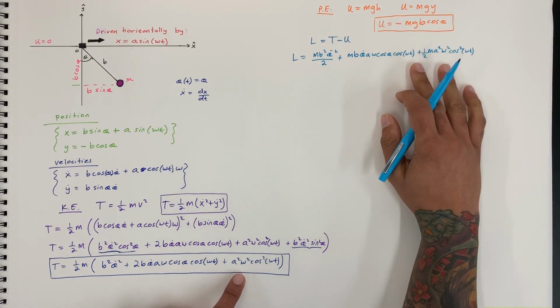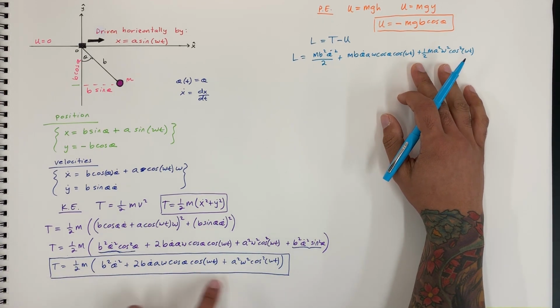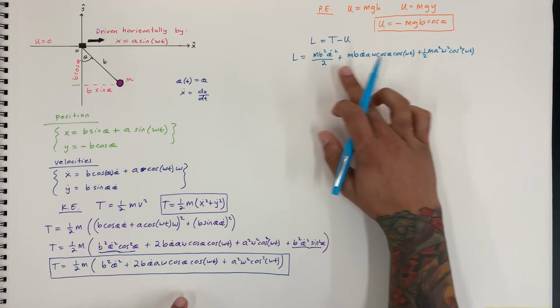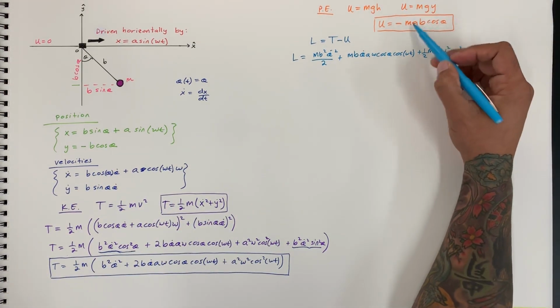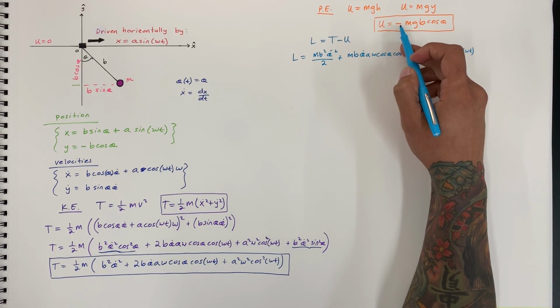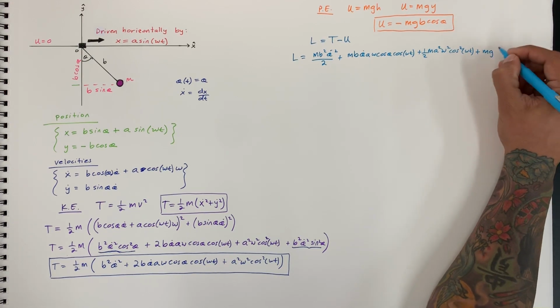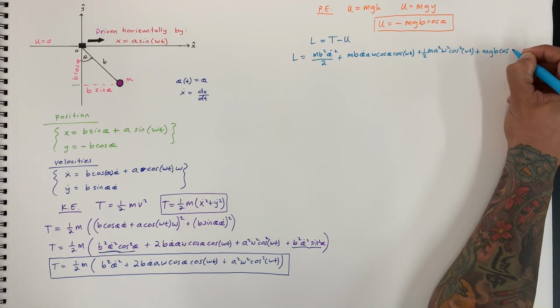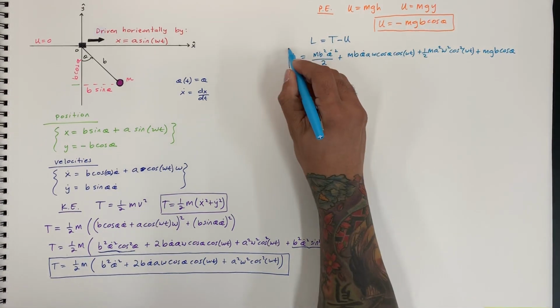So all of that is the kinetic energy term, already distributed to 1/2 m, okay? And then we have the potential energy term, which is up here. So minus U, the U is already minus, and so it's going to be plus mgb cosine theta, okay? So this is our Lagrangian.